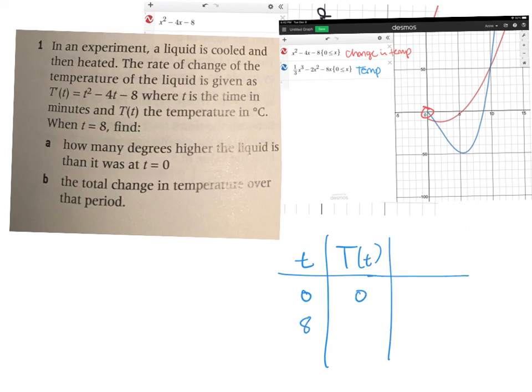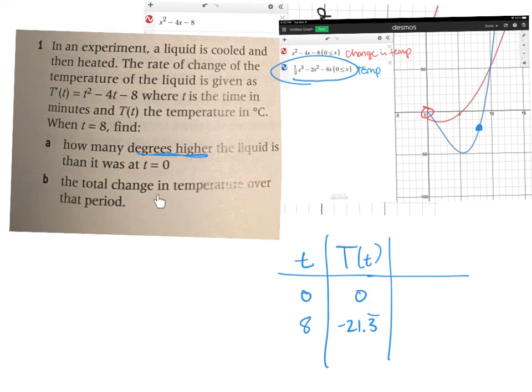At t equals 8, that's around about there. If you plugged it into that actual function right here, you would get the temperature is negative 21.3. So it's not actually higher, but we all know the book is dreadful. So it is 21.3 degrees cooler than at t equals 0.